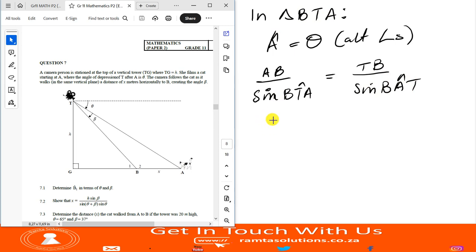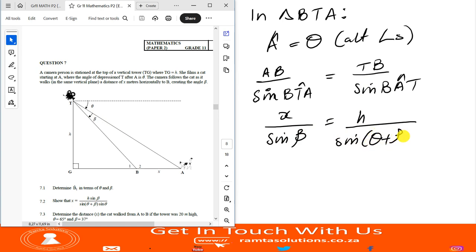What is AB? AB is X. Sine BTA. Where is BTA? Here it is. What is it? It's beta. So it's sine beta. What is TB? You found TB to be H over sine theta plus beta.